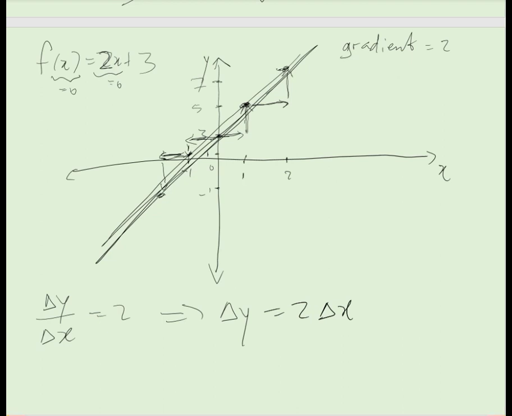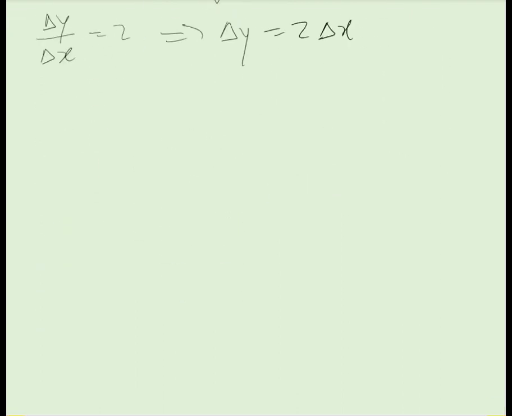Of course, if the gradient was negative, then it would be going downwards. Let me just physically draw it. Let's imagine we had a graph g of x is negative 2x plus 3.